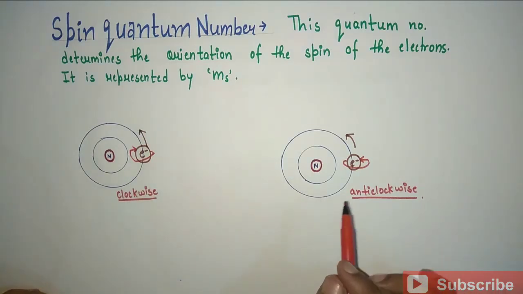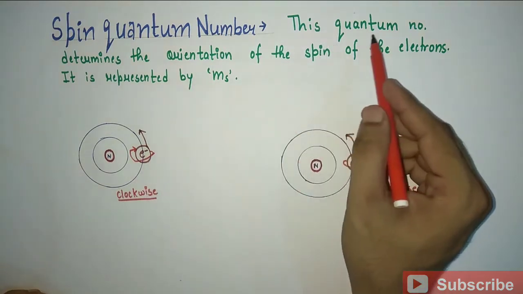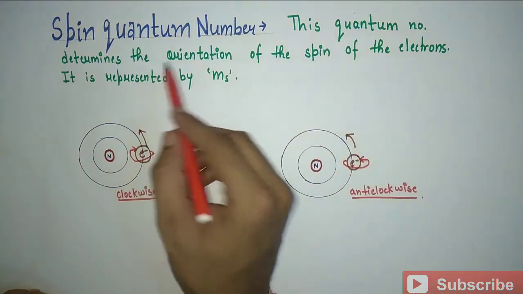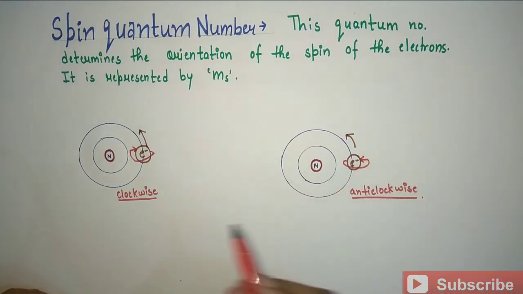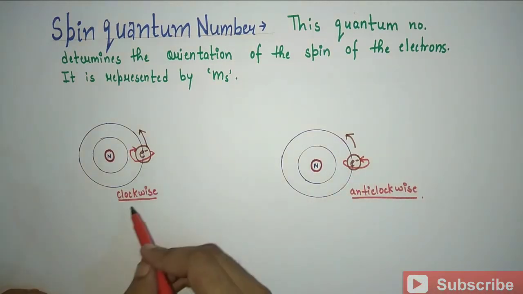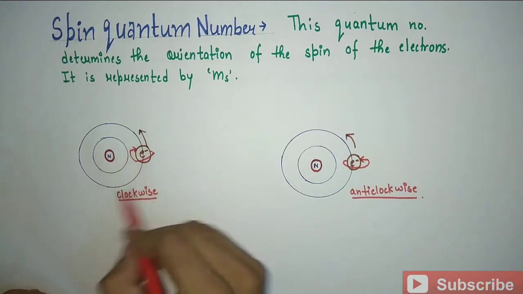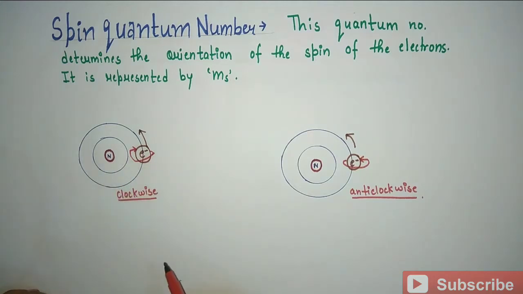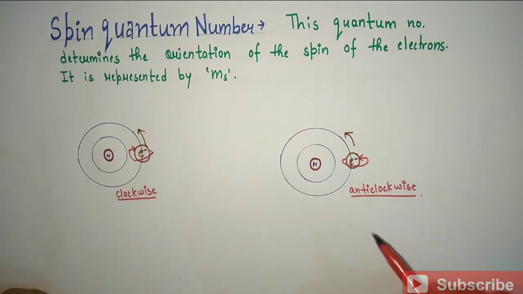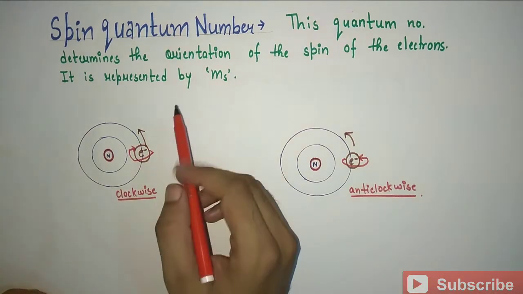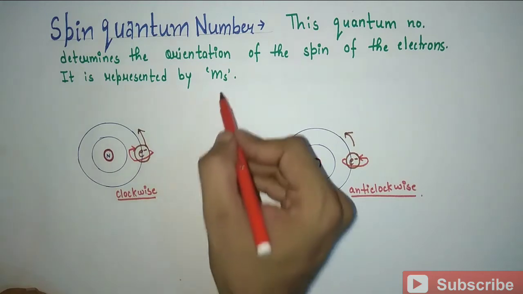The spin quantum number determines the orientation of the spin of the electron, that is, whether the electron is rotating about its own axis in the clockwise direction or in the anti-clockwise direction, and the spin quantum number is represented by ms.